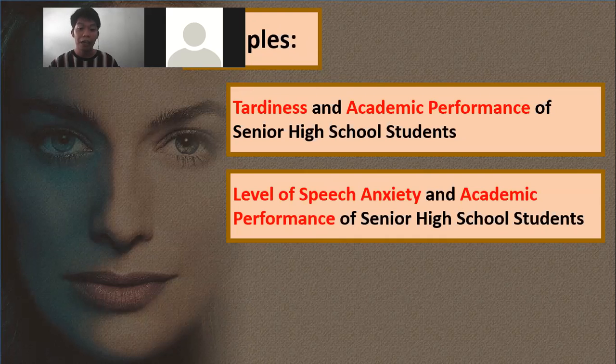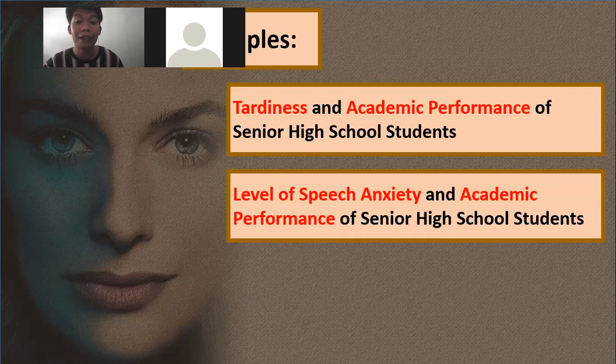Ito namang sa level of speech anxiety and academic performance, you need to be specific which academic performance, which subject, because not all subjects need or have communication skills as a prerequisite.